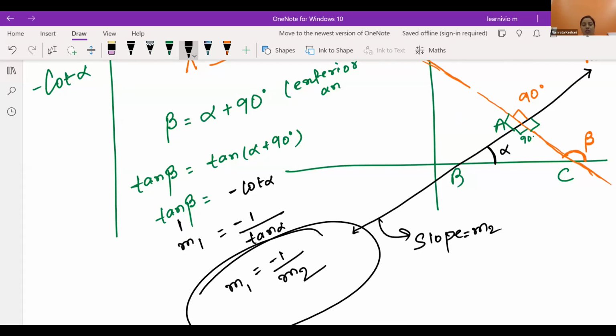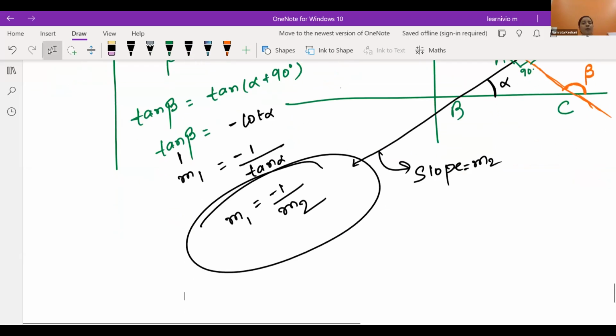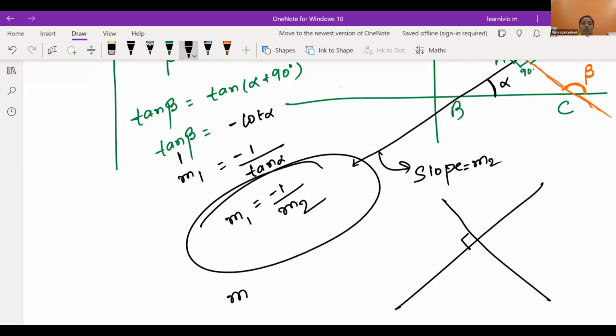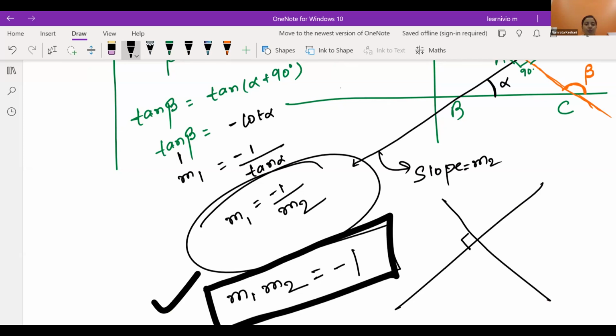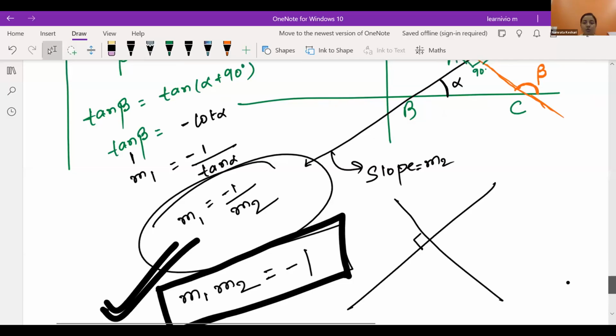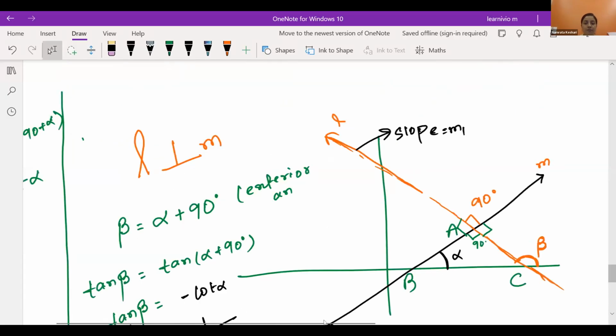This shows that when two lines are perpendicular to each other, making 90 degrees, the product of their slopes will always be -1. Is it making sense? If you have not understood completely, it's okay. I am summarizing so that you at least get it.